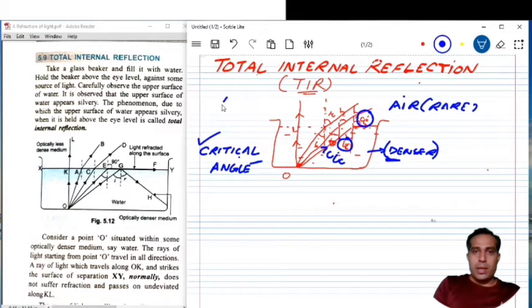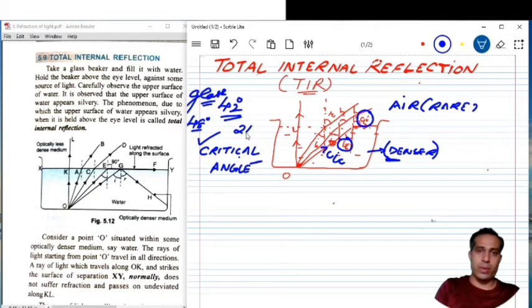Critical angle for glass is 42 degrees actually, for water it is 48 degrees, and for diamond it is 24 degrees. These are the values of critical angles. So here this angle is the critical angle of incidence.